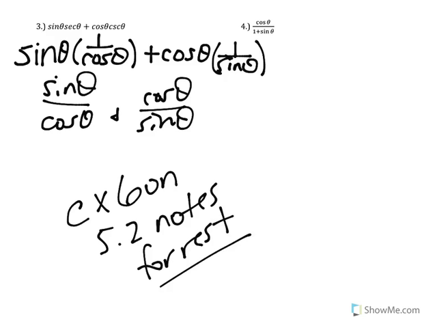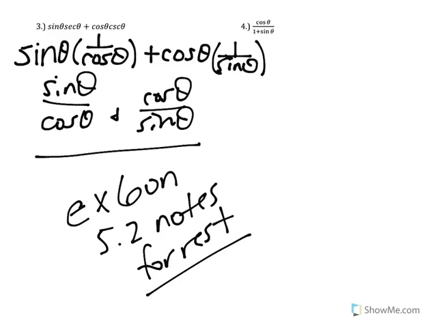Or you can just look at the worked out solutions. But this is your first step. Then from here, you're going to make a common denominator and proceed. So you can go back and watch my video on 5.2 example 6, or you can just look at the worked out solution. The rest of this is exactly the same. The only thing different is the first step. Okay, so first step, put it in terms of sine and cosine, and then you can solve from there.